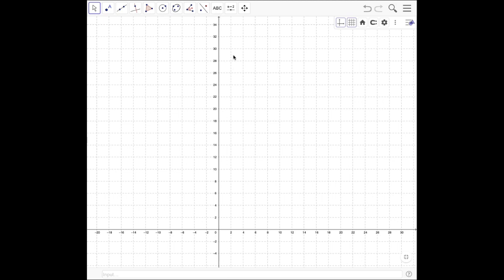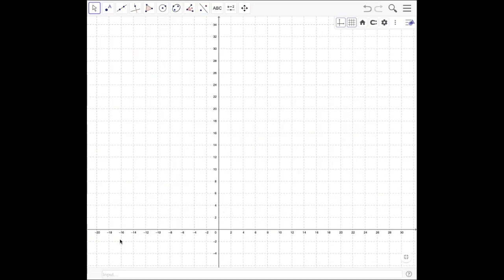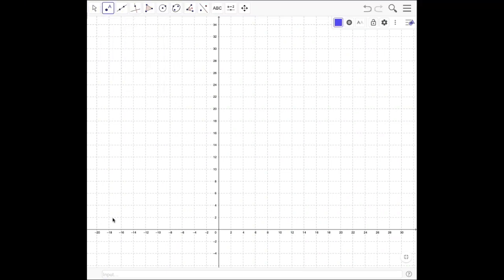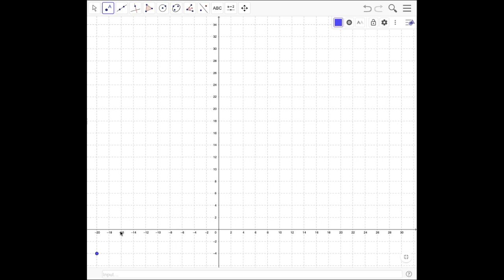All right, let's begin. So I have negative 20, negative 4. So negative 20 here, this is my x, then negative 4. All right. Then I have negative 15 and positive 5.